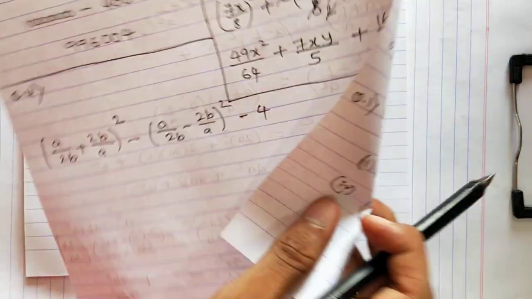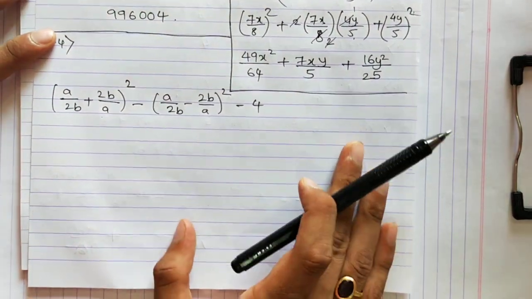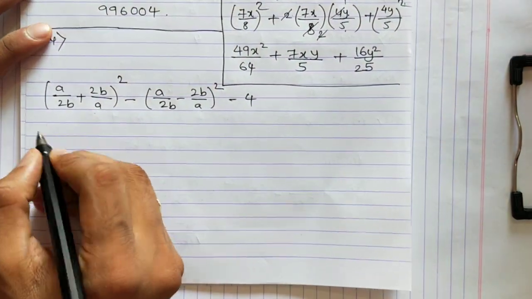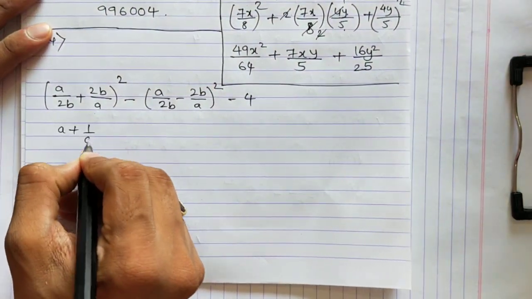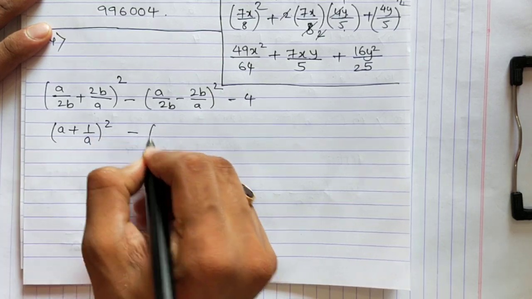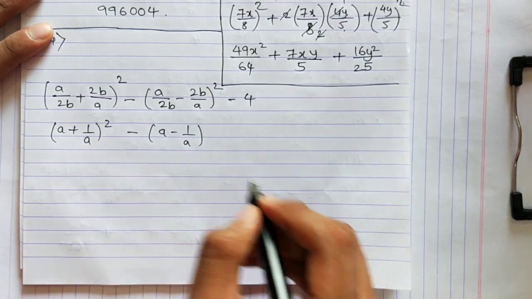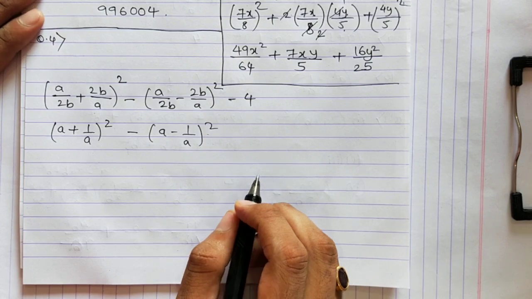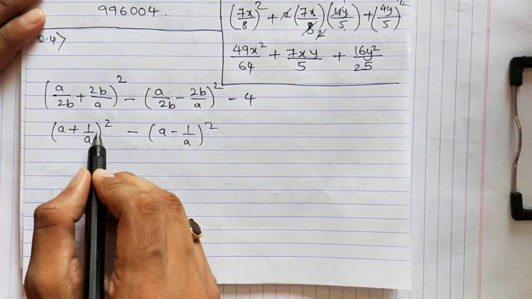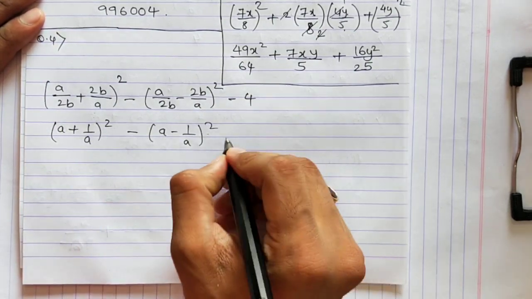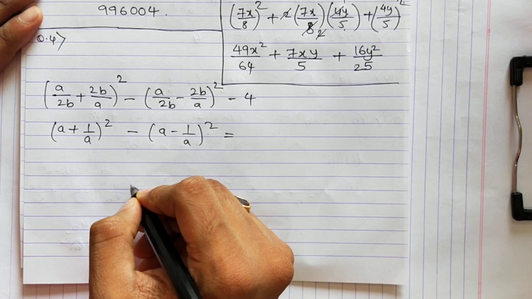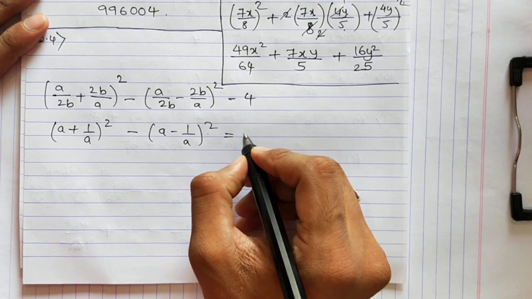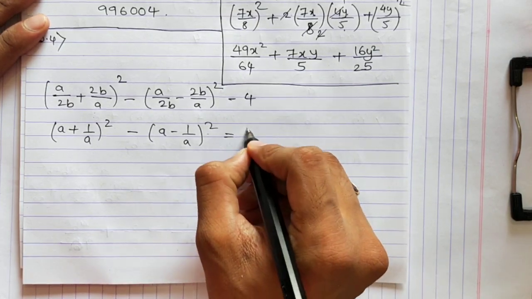I'll copy this here. And this formula, a plus 1 upon a the whole square minus a minus 1 upon a the whole square, is nothing but 4.